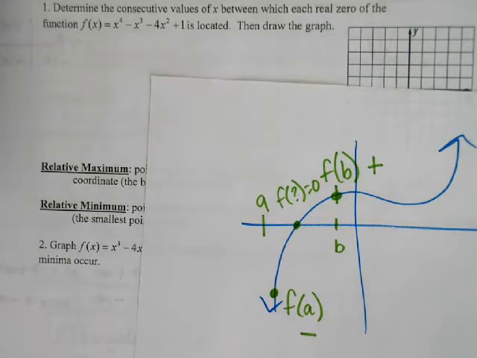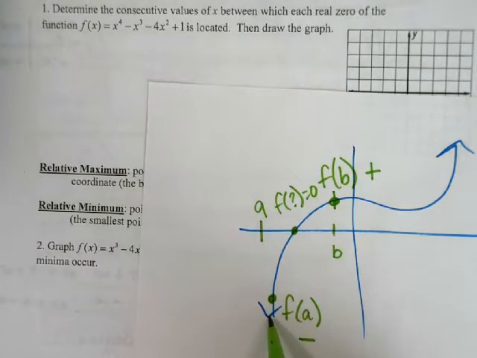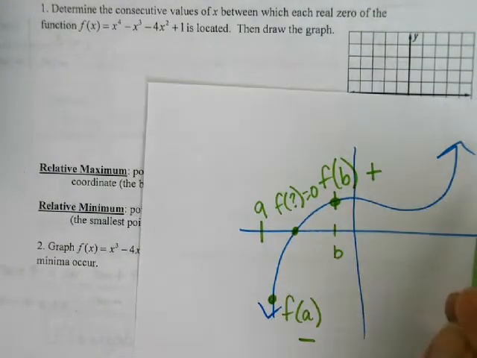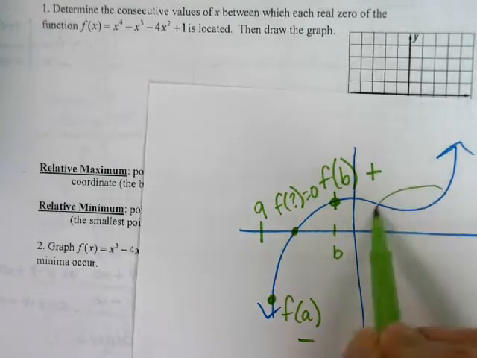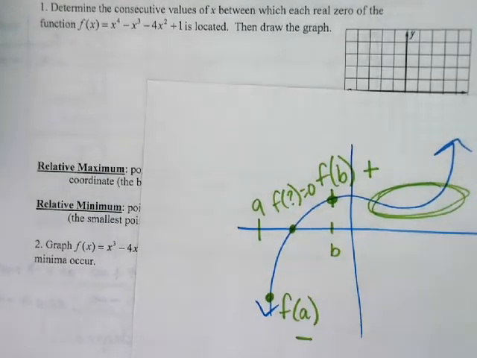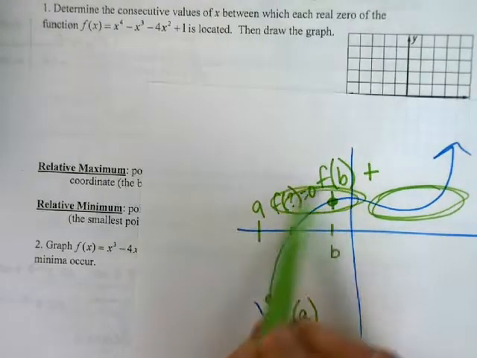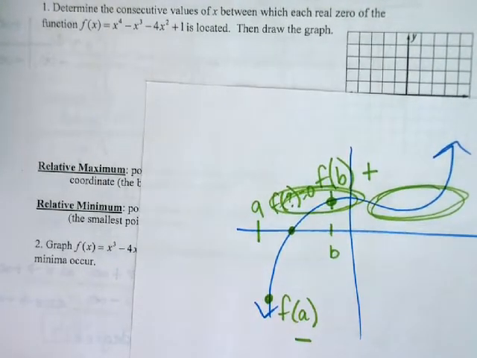So we no longer have those as my graph changes. This guy right here has no minimum value and no maximum value, but if I look right there, he kind of has a minimum, right? And if I look over here, he kind of has a maximum, if I would have drawn it better.